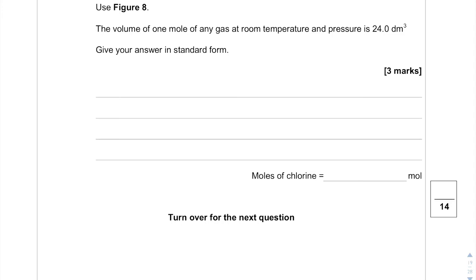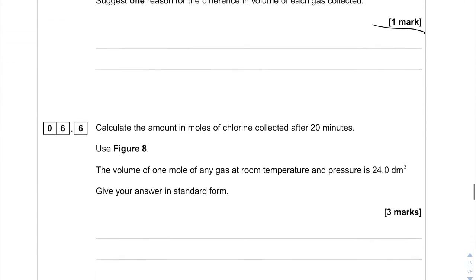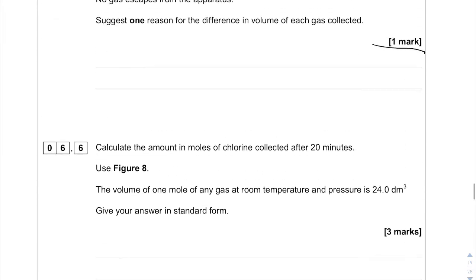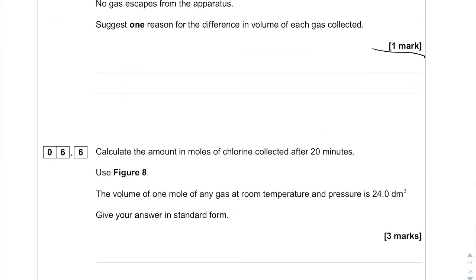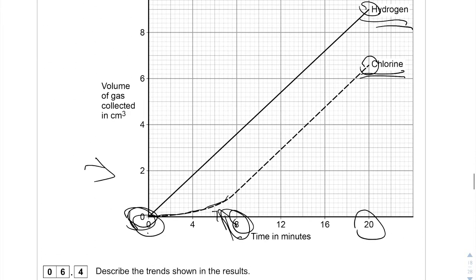6.6: calculate the amount in moles of chlorine collected after 20 minutes using figure 8. Wait, that's after figure 8, right? Yes. So, right. After 8 minutes, you have essentially just a triangle, and we know exactly how much volume we have from marking out where it starts.